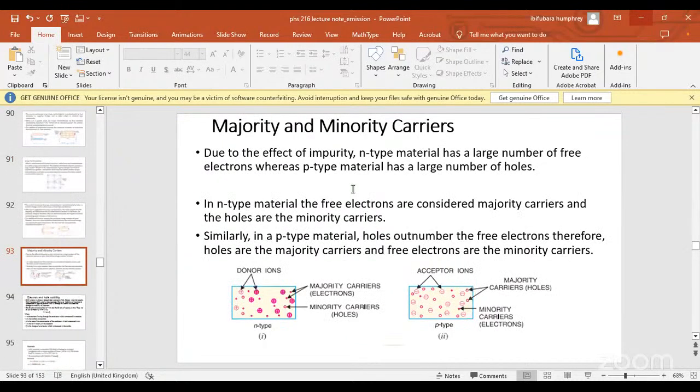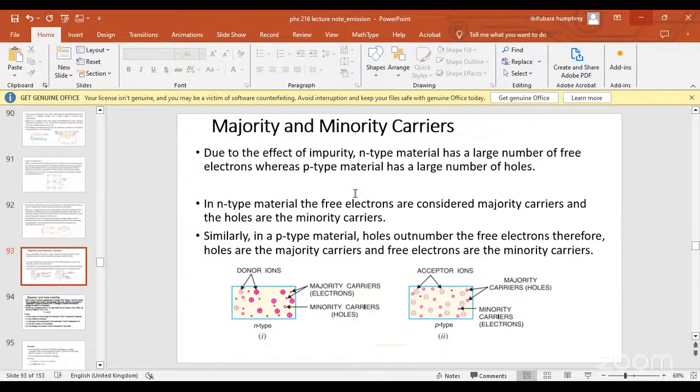And we talked about majority and minority charge carriers. Now, in a semiconductor, we know that there are two charge carriers, which are electrons and holes. So either of them could be a minority or a majority charge carrier. It depends on the semiconductor material.